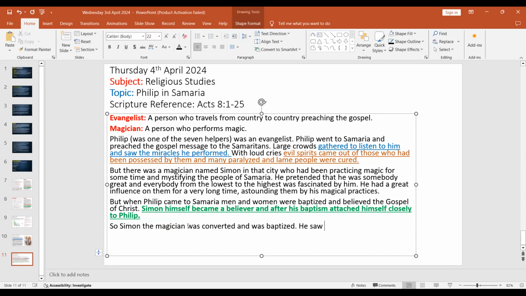He saw the signs and remarkable demonstrations of power which took place, he lived in a state of constant wonder.